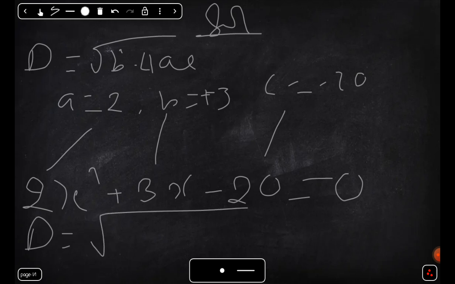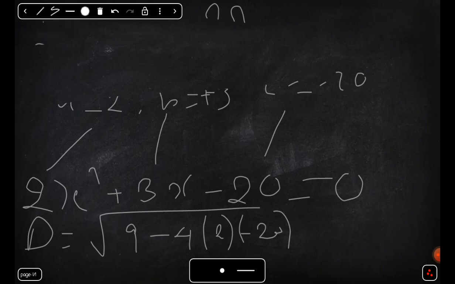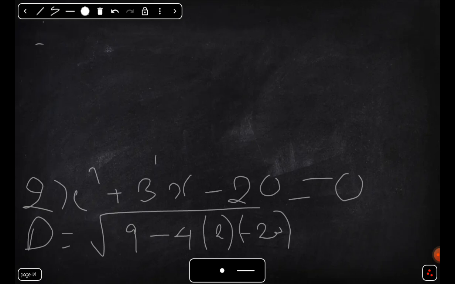So now we are going to replace them into this discriminant in order to find what it is. So the discriminant is b squared, that is 3 squared is 9, minus 4 into a, which is 2, and c is minus 20. So let's see what the nature of this quadratic equation will be.